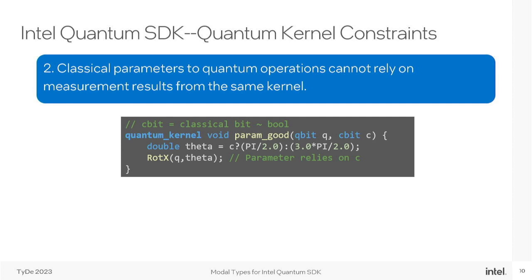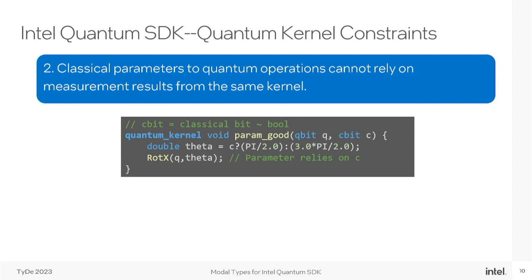That gate takes two arguments, a qubit and a classical parameter theta, which is a double, corresponding to a real number. So in this example, the value of theta depends on a cbit, or a classical bit, c.